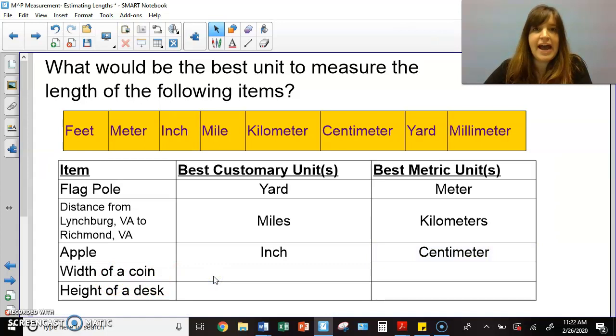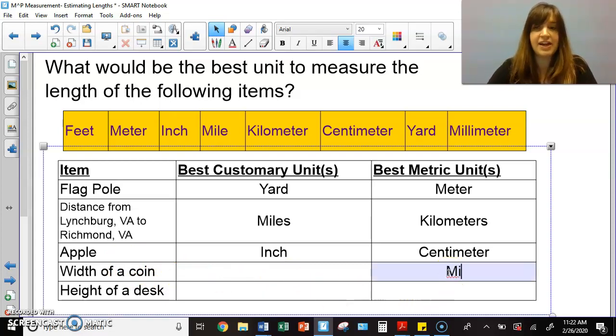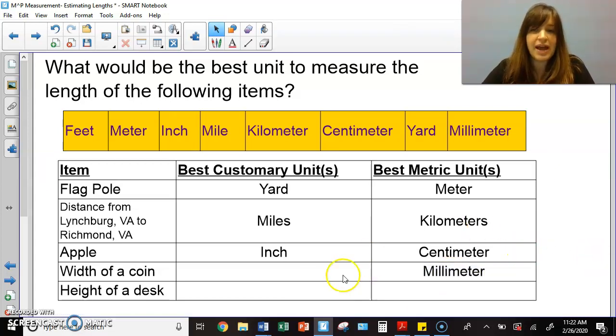All right, next is the width of a coin. I'm not talking about how wide it is across. If you were to take a penny and turn it sideways and just look how thick it is, so I could have said the thickness of a coin, that best metric unit would be that millimeter right there. In US customary, we don't have really anything that's smaller than an inch that we use commonly.